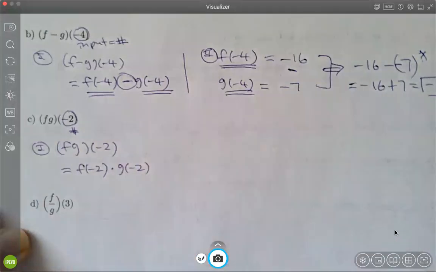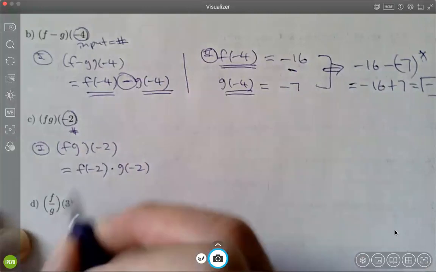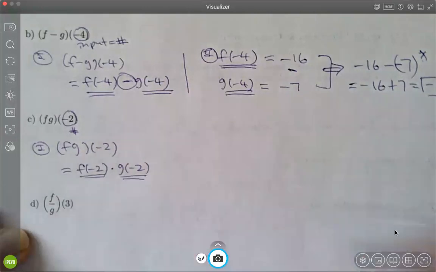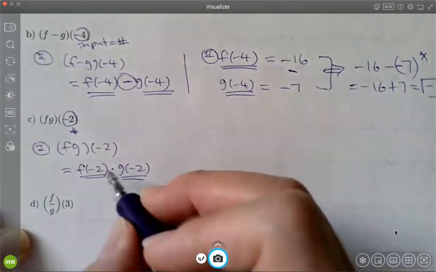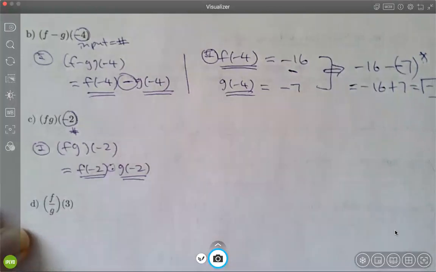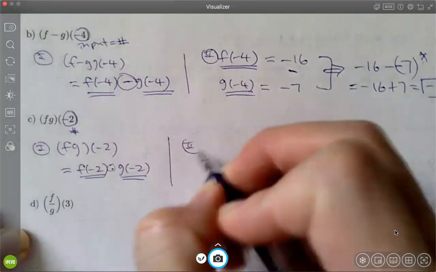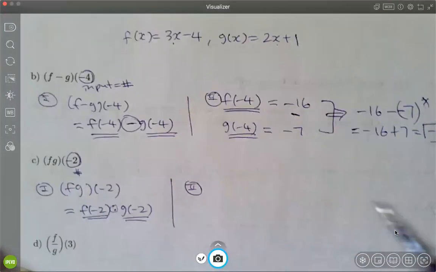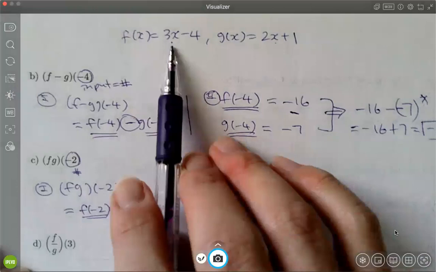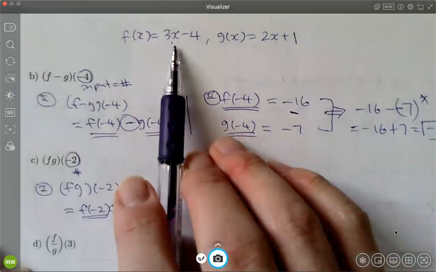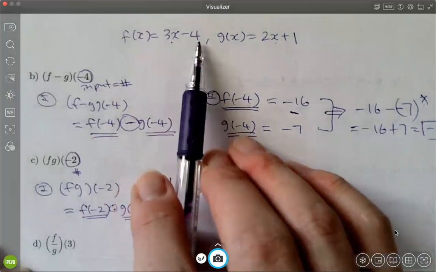Same strategy: plug -2 into f and g respectively, and at the end we multiply. So what is f of -2? That's -6 minus 4, so -10.